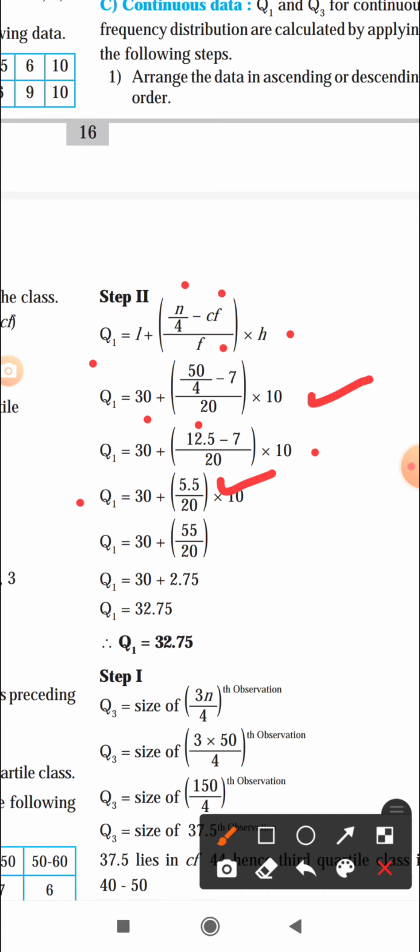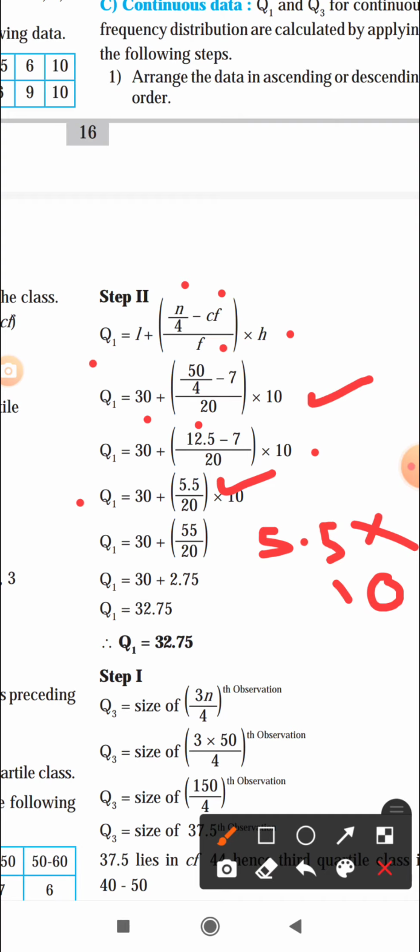So next step, Q1 is equal to 30 plus 5.5 into 10, that is 55. So Q1 is equal to 30 plus, into bracket, 55 divided by 20.